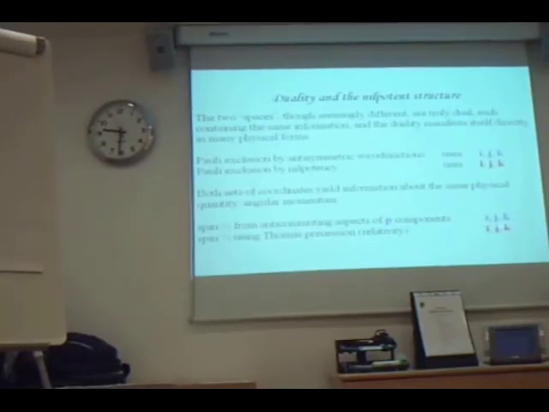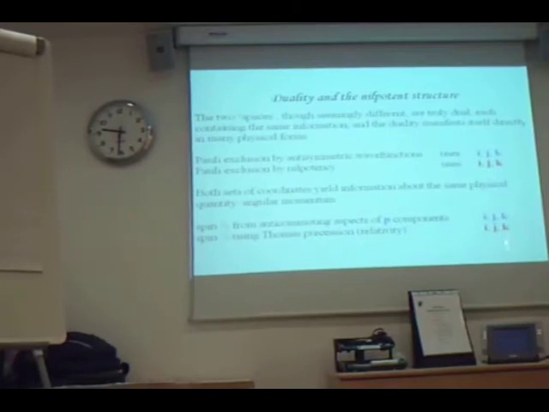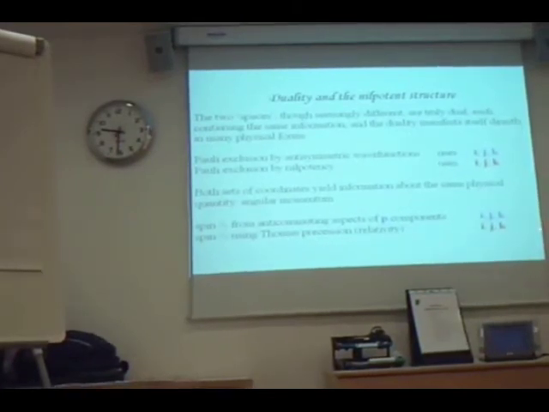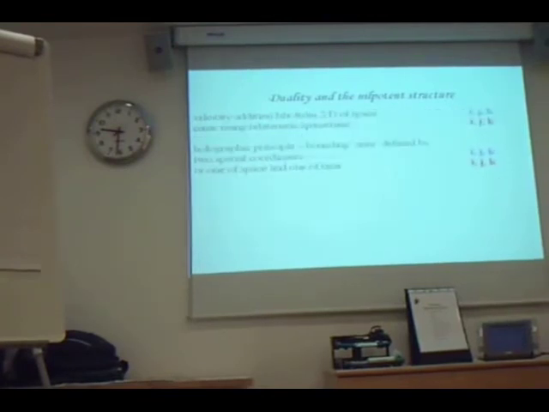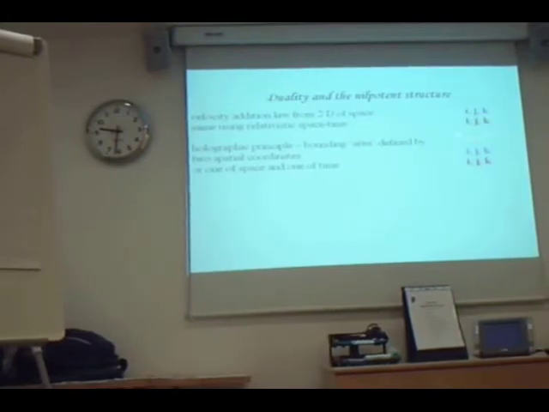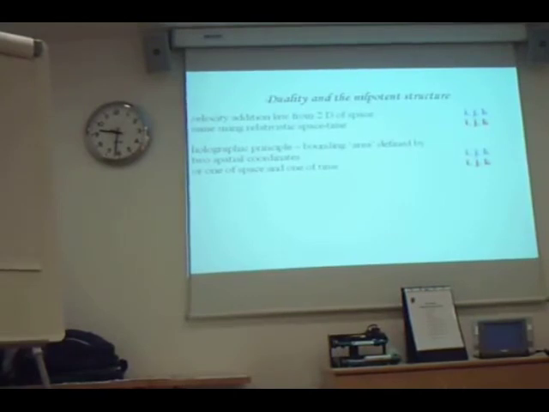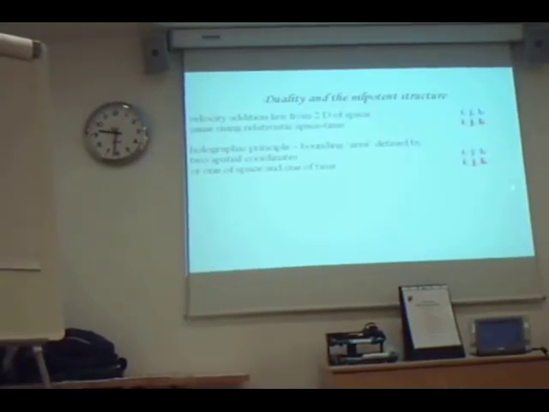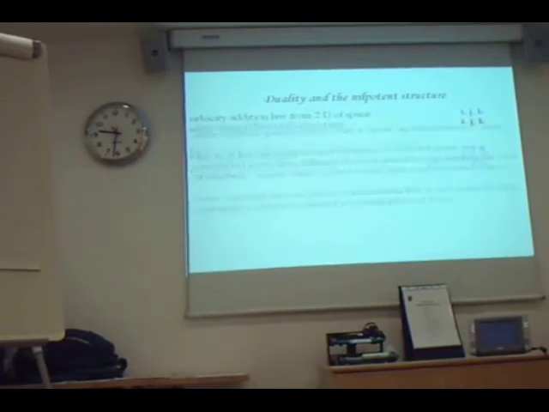Because you can get spin half from the anti-commuting part of P, which you use in the blue space, or you can get it from the Thomas precession, which is relativity, and relativity is represented by the red space. I've seen this done. You can get the addition law from two dimensions of space, or you can do it using relativistic space-time. Or you can do the holographic principle of two spatial coordinates or space and time coordinates.